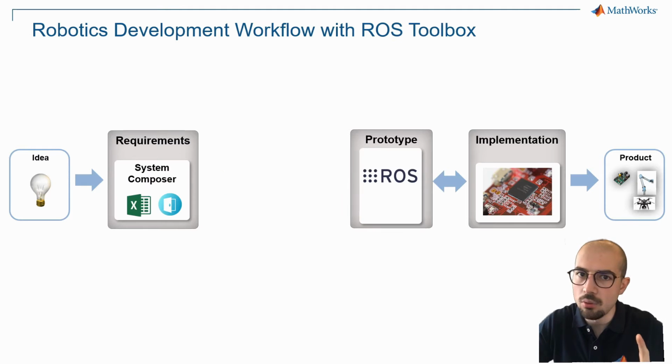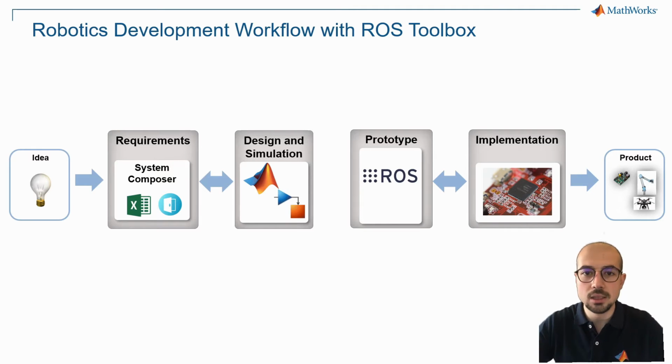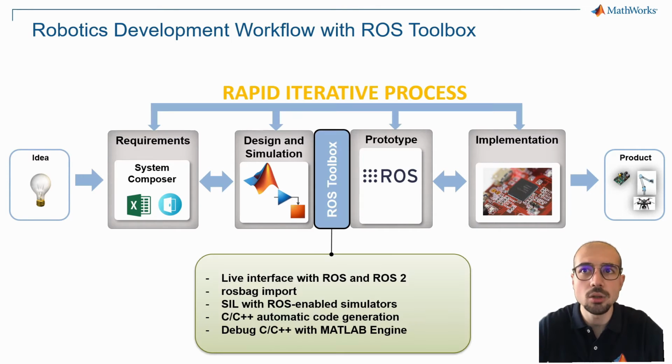But now with MATLAB, we can have the idea, build the requirements, and use MATLAB and Simulink to seamlessly integrate the idea and the design. So we can develop a simulator, and we can work with all the tools that we need and we know. And then when we have done the first part, the design and the simulation, we can use the Robotics Toolbox.